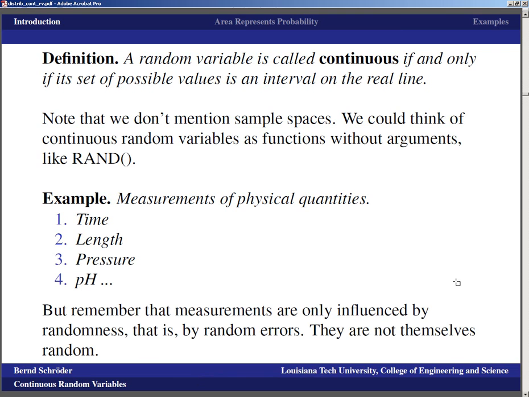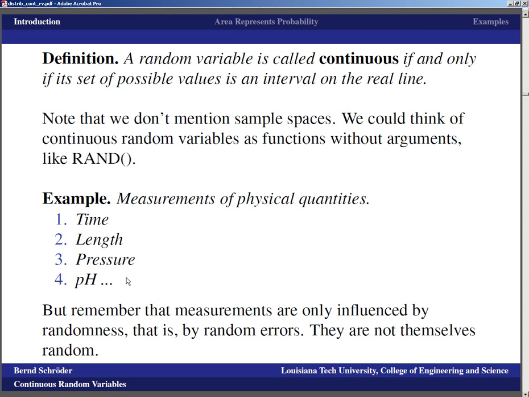They are influenced by random errors. If I measure the pH value of a certain solution in a chemistry lab and my first measurement gives me a pH value of, I don't know, 5.7, then if I measure it again, I'm not going to get a pH value of 1 after that, unless I have done something to the solution that I have in the chemistry lab.